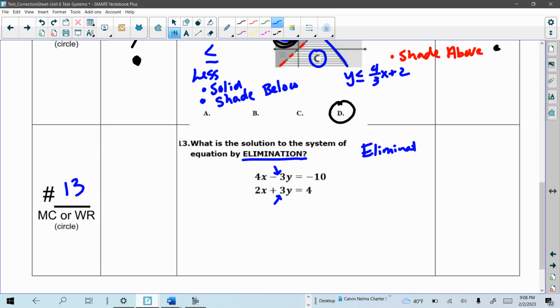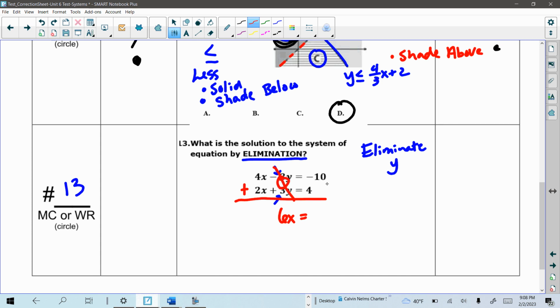You don't have to necessarily copy this down. So when we do that, we're going to add and we're going to cancel out the y's. And I think the most errors that I saw is that when you add, you have to add everything up. The x terms add up to a total of 6 x's. When I add the y's, that becomes 0.